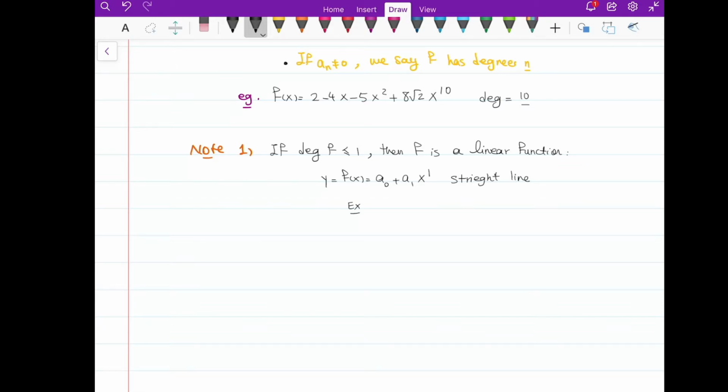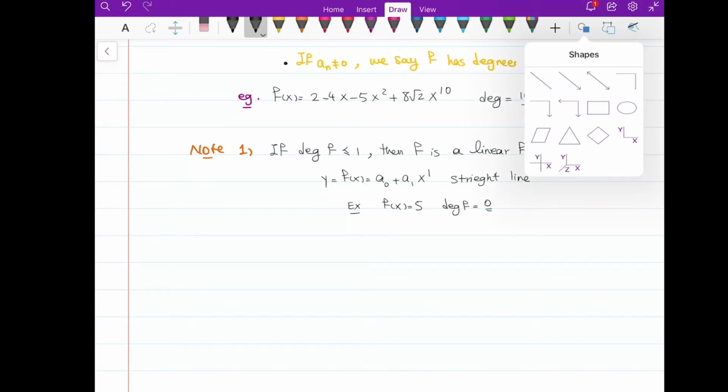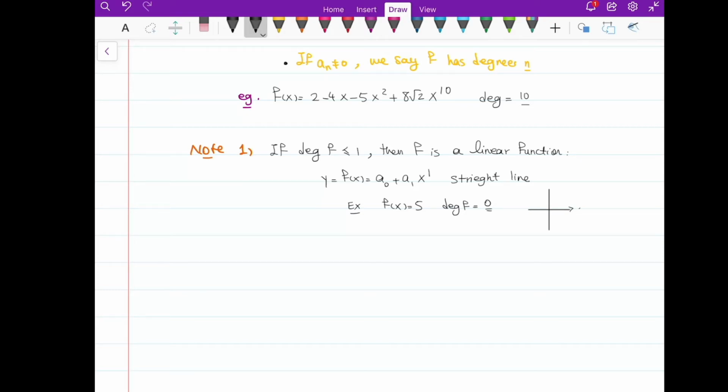For example, if f(x) is equal to 5, the degree of this polynomial is 0. It's just a line. You see, what line is that? It's just a constant line. If this is the x-axis, this is the y-axis, then y equals 5 is this line.